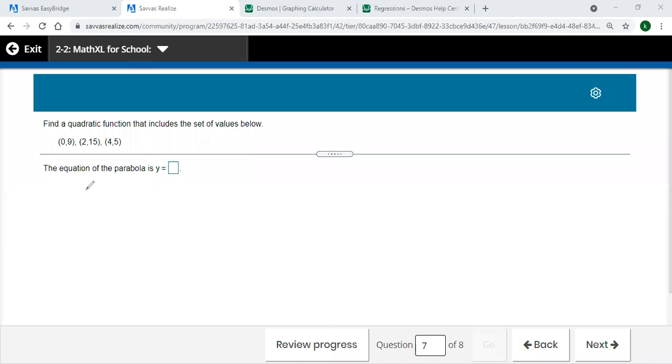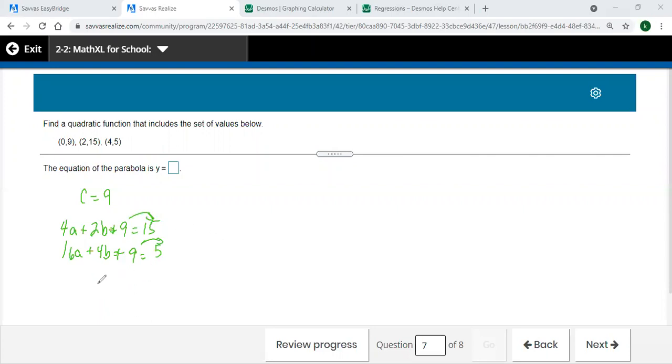We'll keep going here. We had c was 9, and then I had 4a plus 2b plus 9 equals 15, and I had 16a plus 4b plus 9 equals the 5, and we subtracted those to the other side.